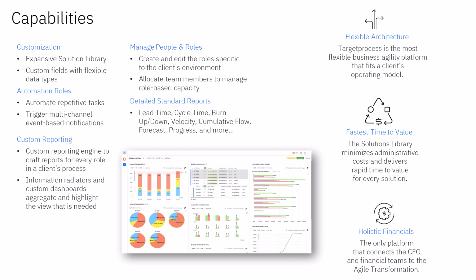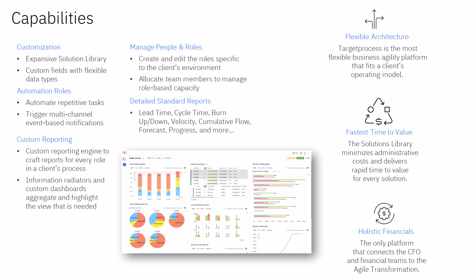Also, roles and permissions can be customized for each organization. Target Process's automation capabilities enable organizations to automate repetitive tasks, trigger notifications, and validate user actions.